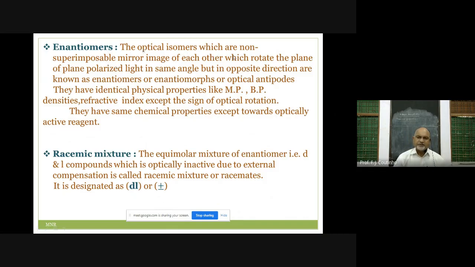Optical isomers which are non-superimposable mirror images of each other, which rotate the plane of plane polarized light by the same angle but in opposite direction, are known as enantiomers, enantiomorphs or optical antipodes.